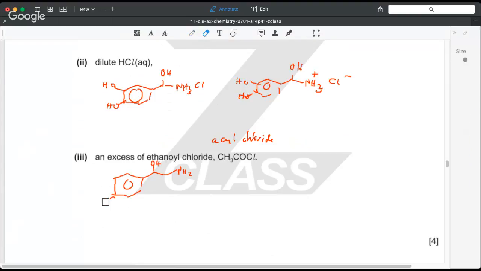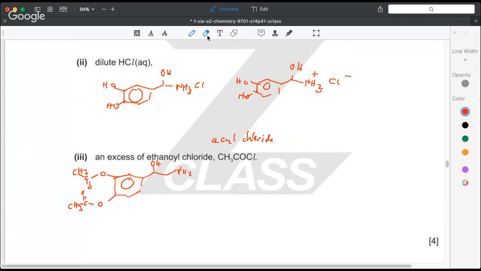Something weird happens there. Can't work out why that's happening. It's getting worse. Okay, so you're going to have one ester there, and you're going to have another ester there. So you've got two esters there.